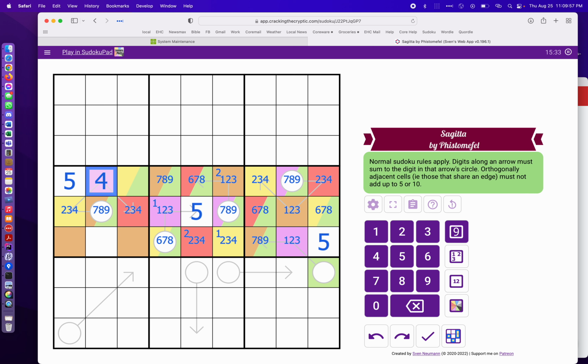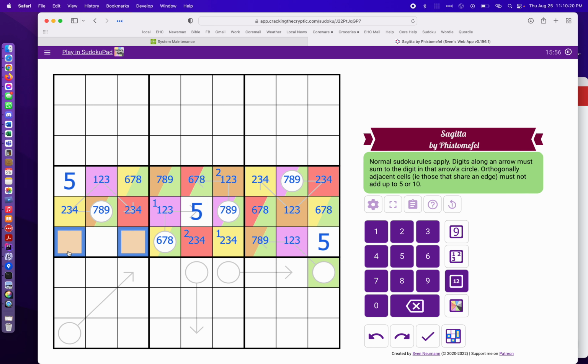So, okay, purple we know is not a 4. So down here, this is a 6, 7, or 8. So these three are orange, high red, and high purple.